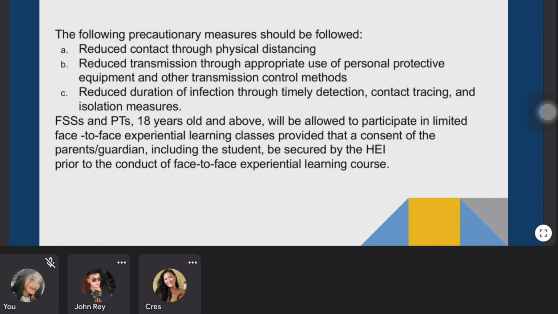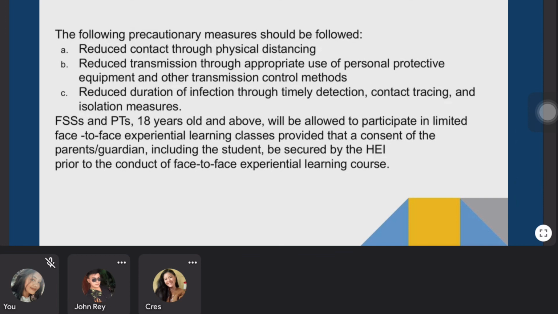The following precautionary measures should be followed. First is reduce contact through physical distancing, and second one is reduce transmission through appropriate use of personal protective equipment and other transmission control methods. And third is reduce duration of infection through timely detection, contact tracing, and isolation measures.